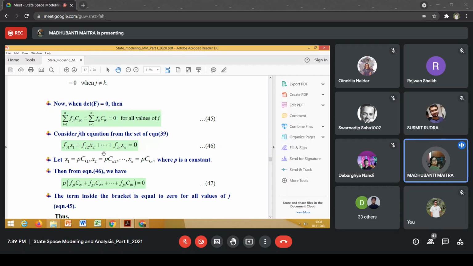The left hand side polynomial will be p into fj1 ck1 plus fj2 ck2 plus dot dot dot fjn ckn, and we know that it will always be equal to 0. The sum of all these terms will be equal to 0.